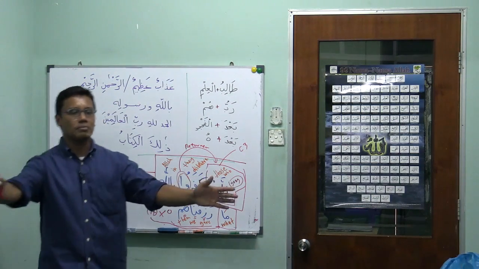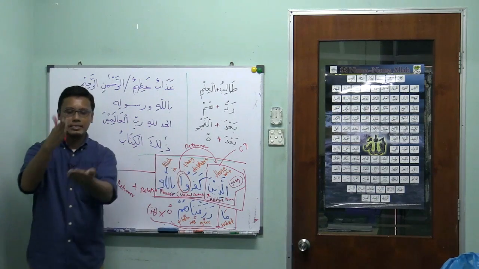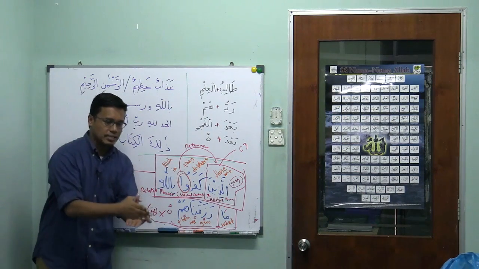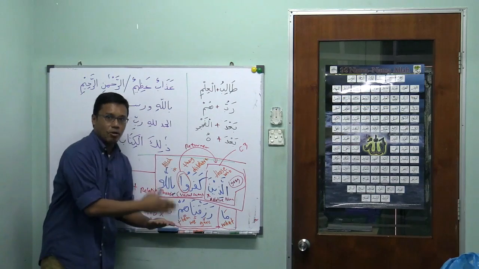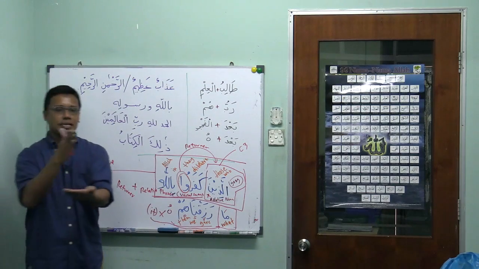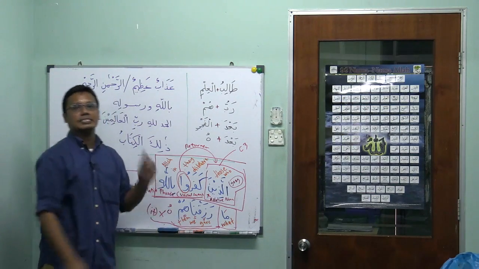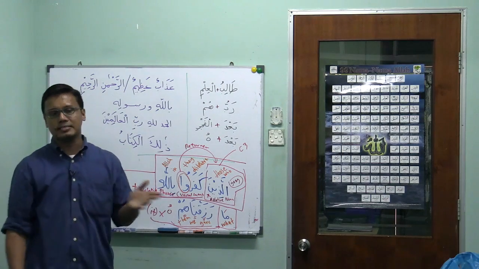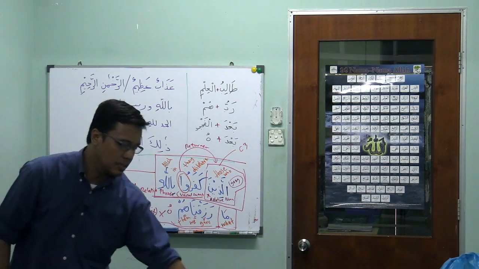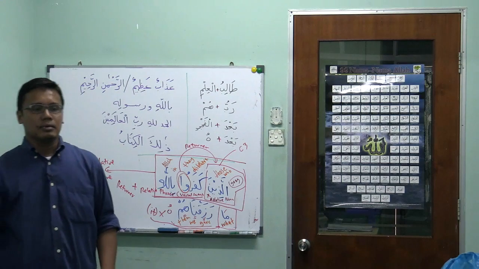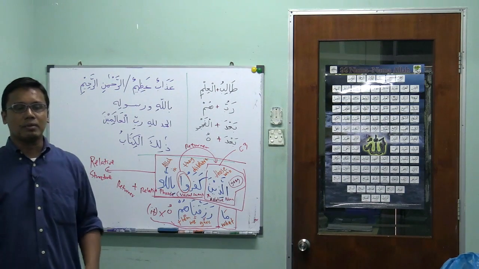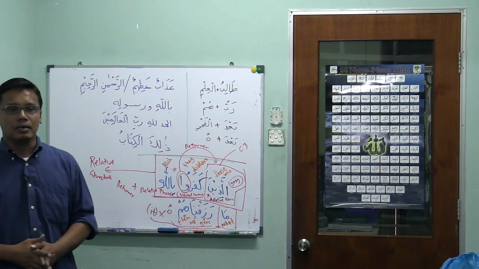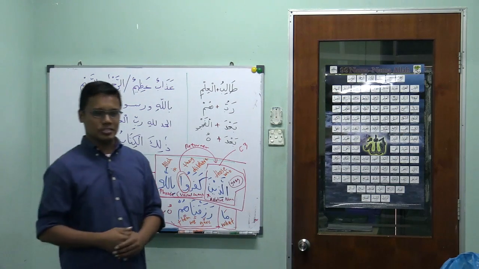You just have to remember: relative noun plus relative phrase and a returner, or relative noun plus a relative phrase and a hidden returner if you don't find it. That's it. That's one month of learning the relative structure.